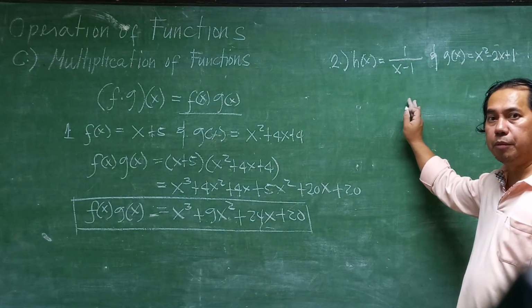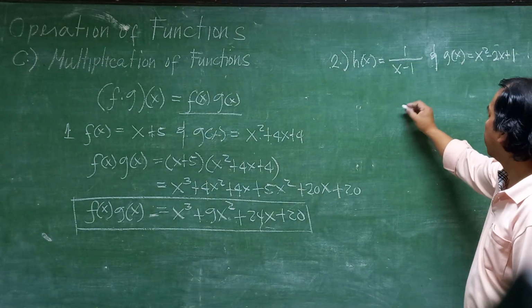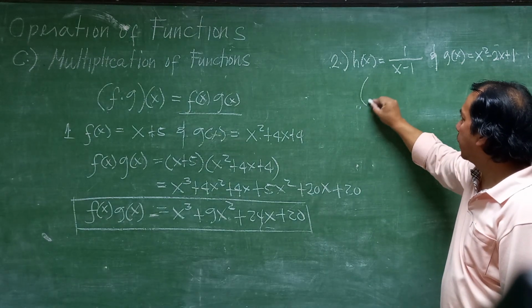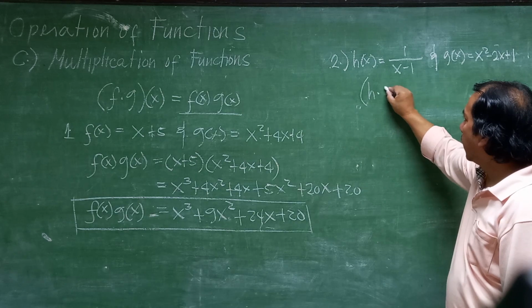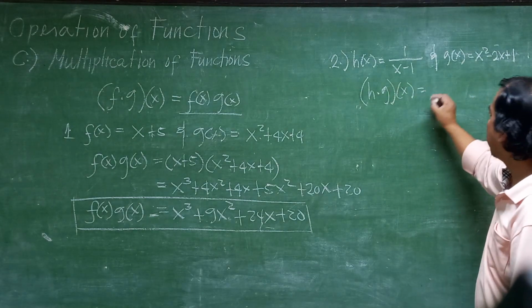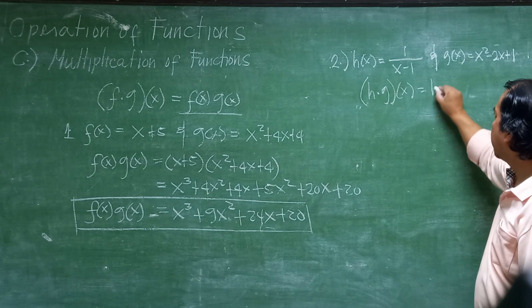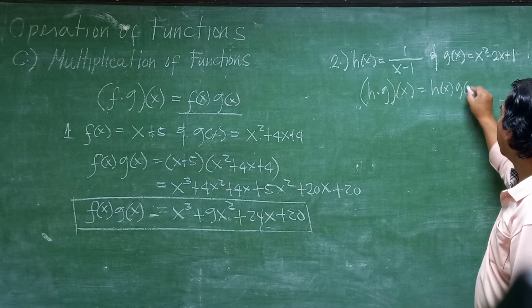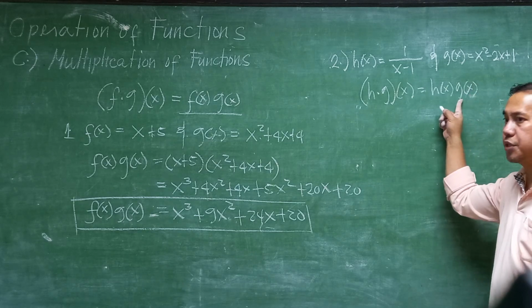In here, what will be the product? And so let's try to have the notation. Notation for the product of the functions, that is the same as saying h and g function of x, their product must be h of x and then g of x. So we follow this pattern.